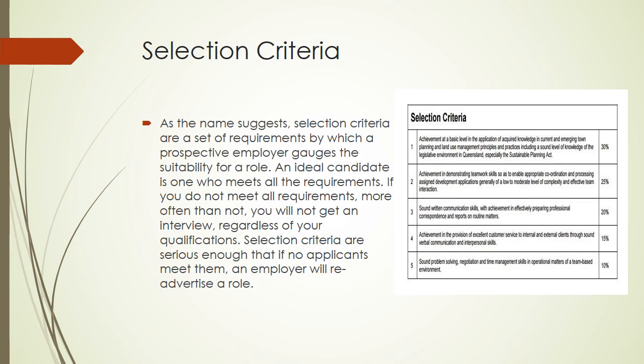An ideal candidate is one who meets all the requirements. If you do not meet all the requirements, more often than not, you will not get an interview, regardless of your qualifications. Selection criteria are serious enough that if no applicants meet them, an employer will re-advertise a role.